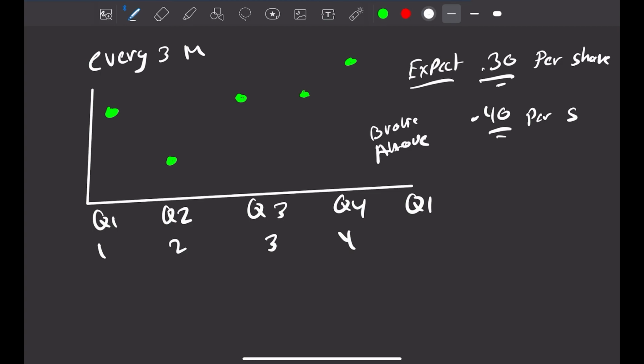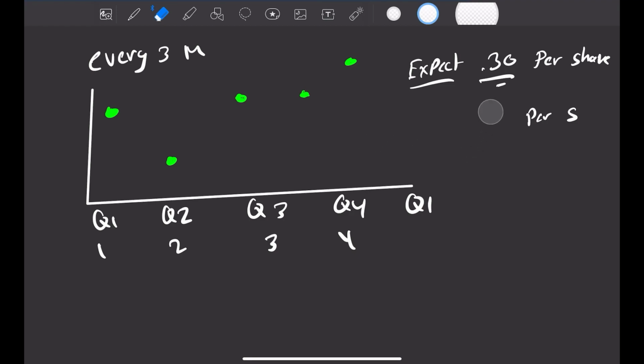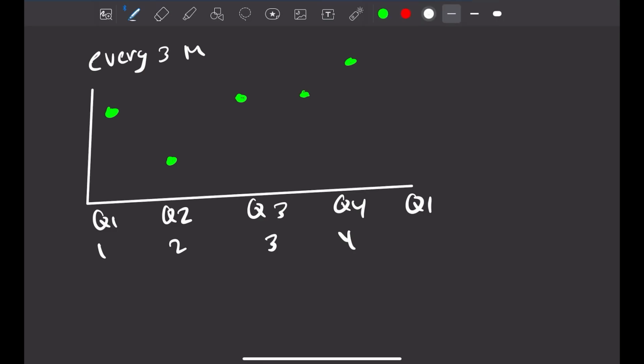So this motivates investors to buy into the company due to the fact that they were expecting a lower number, but instead got a higher number in terms of cents per share or dollars per share increase for the quarter.